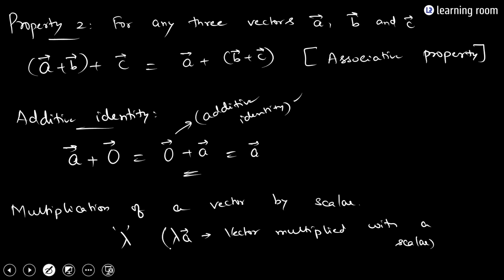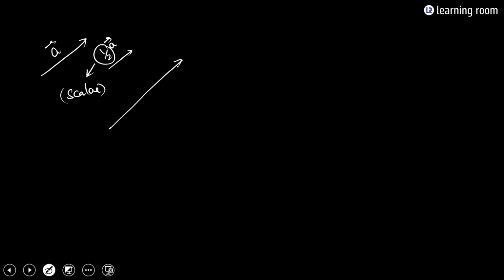The meaning is very simple. Listen: if I have this as the A vector, then I can take another vector parallel to A, which I call half of A vector. Then this half is the scalar part. Similarly, another vector twice that of A, I'll write as 2 times A vector.